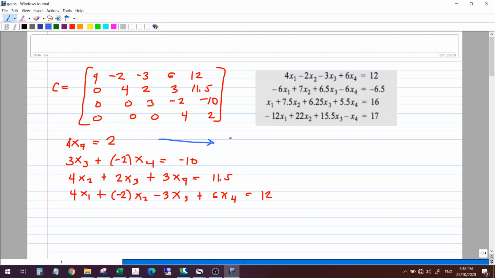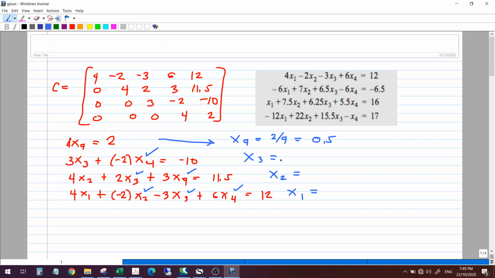Now, as you see, we can now find the value of x sub 4. So, x sub 4 is equal to 2 over 4, which is equal to 0.5. Now, by substituting x sub 4 here, you can now find x sub 3. Once you find x sub 3, substitute x sub 4 and x sub 3 here, you can now find x sub 2. And then finally, substituting x sub 4, x sub 3, and x sub 2 here, you can find x sub 1.